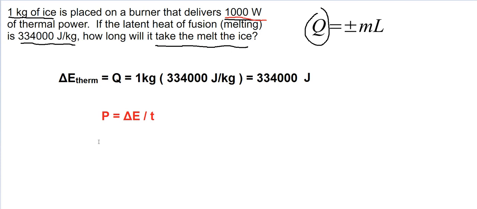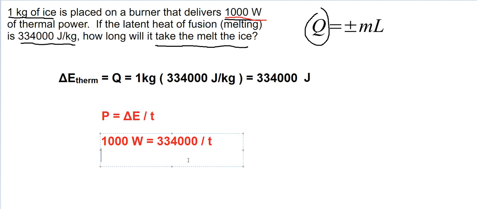Because we're told we have 1,000 watts of power, and we've just determined how much energy we need to provide the system with, our goal here is to find the time over which this change in energy must occur.